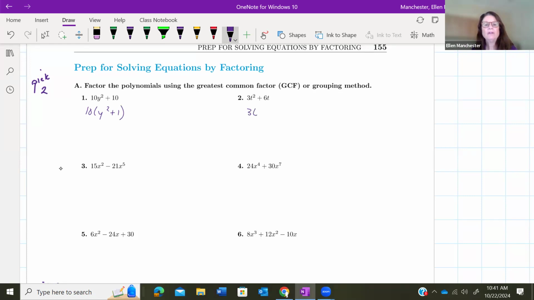And hopefully the greatest common factor, you should be able to go fairly fast with those.